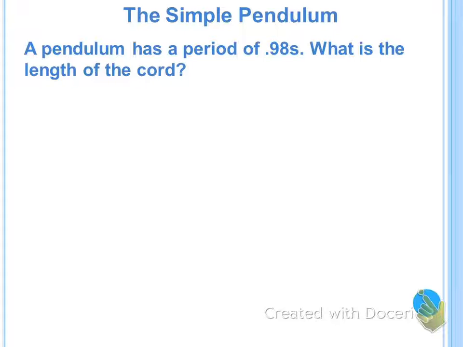All right, the pendulum has a period of 0.98 seconds. What's the length of the cord?